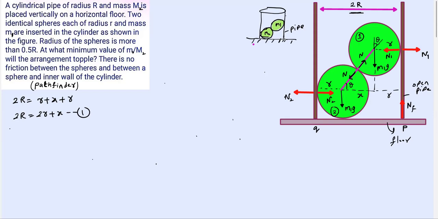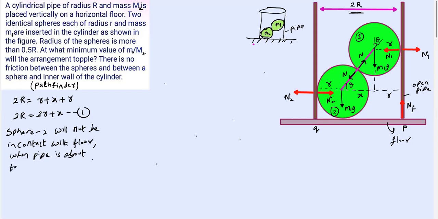Here we'll write: sphere 2 will not be in contact with the floor when the pipe is about to topple.